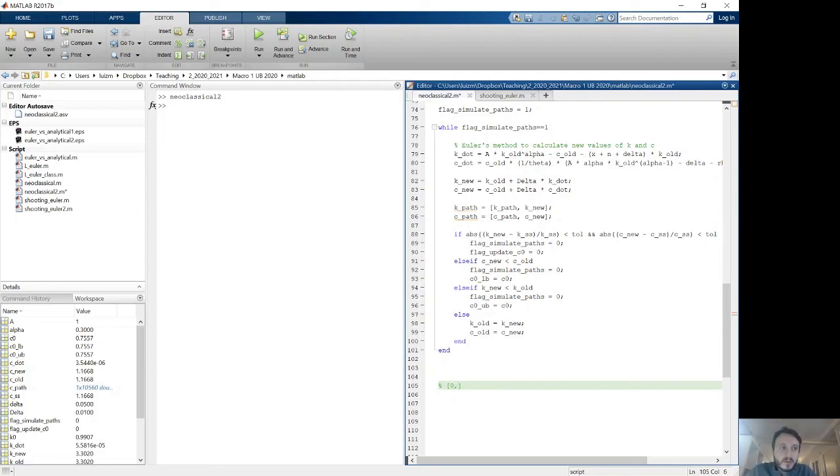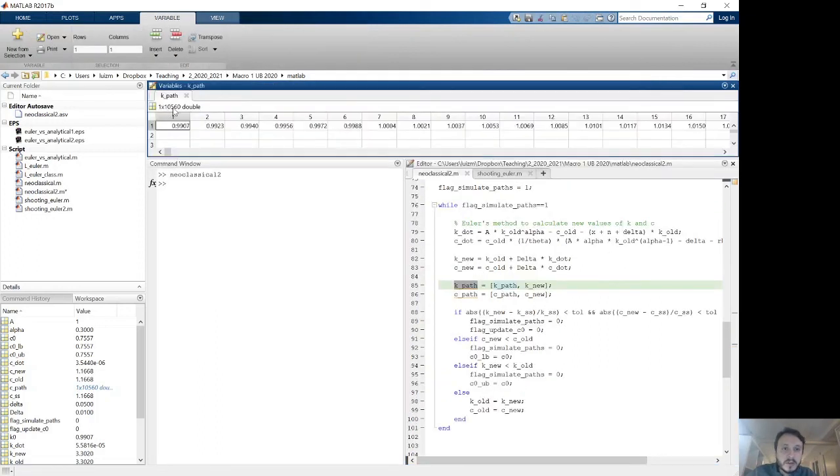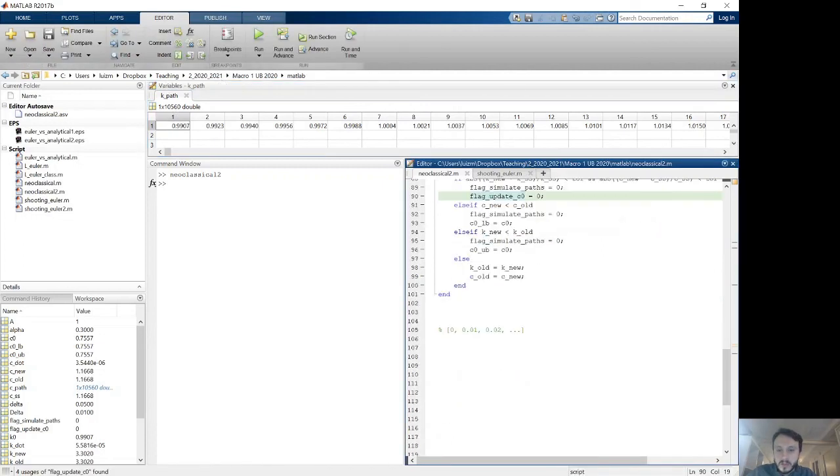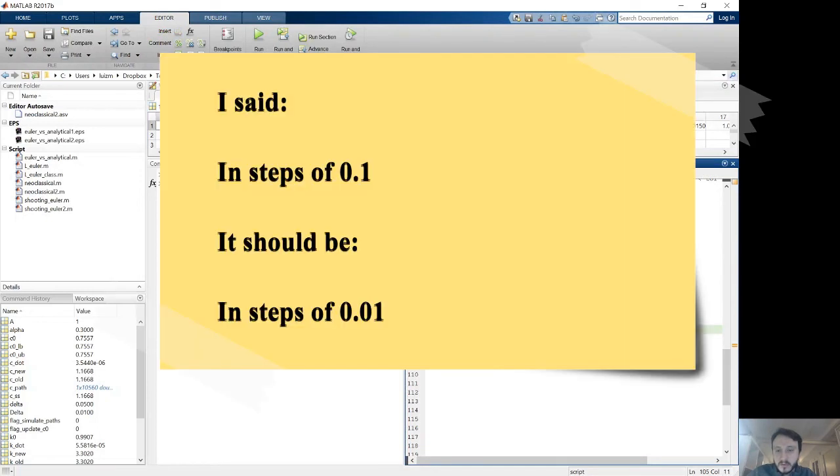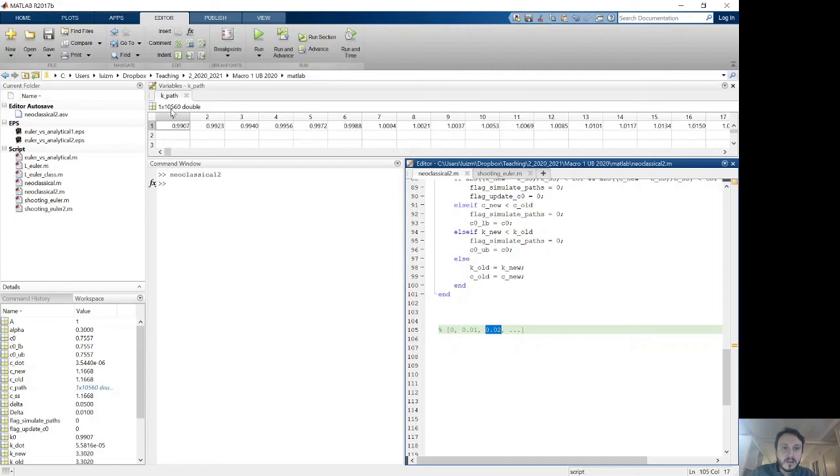So the first time period is 0, the second is 0.01, the third is this, and we should have a vector that has the same number of columns as the path variables, right? Which are 10,560 columns. So we want a vector that starts at 0 and goes in steps of 0.01, and has 10,560 columns.